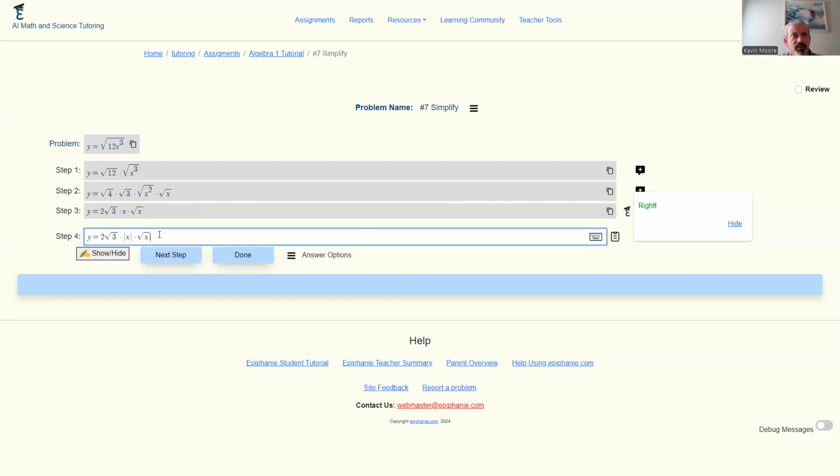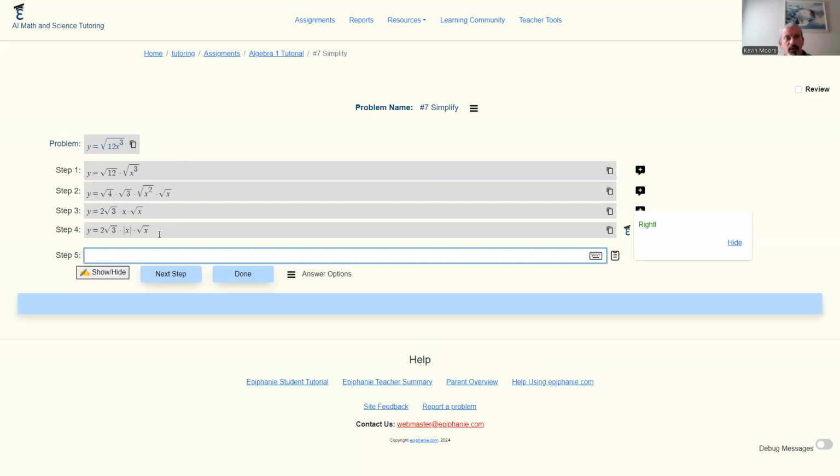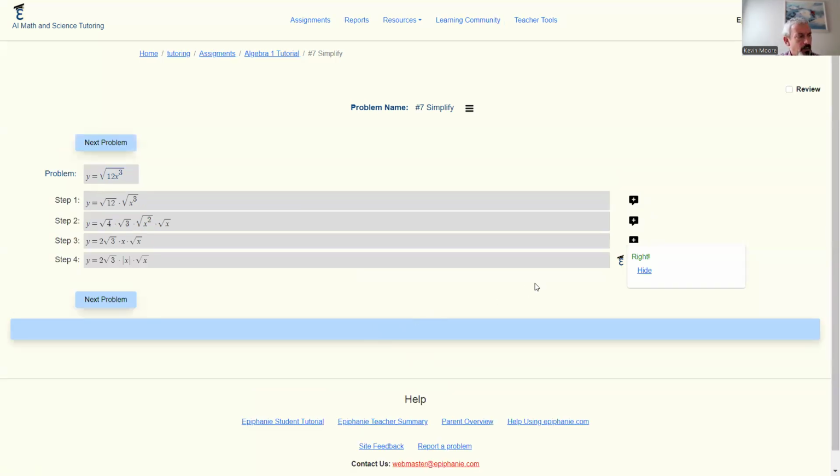And this is also going to be marked as correct. Eventually, we'll have options for how strict the expressions are and checking the form of the final answer and whether it's fully simplified. Some of those checks aren't in place yet, but for now, it's a good way to check your work along the way and see how you're doing with things.